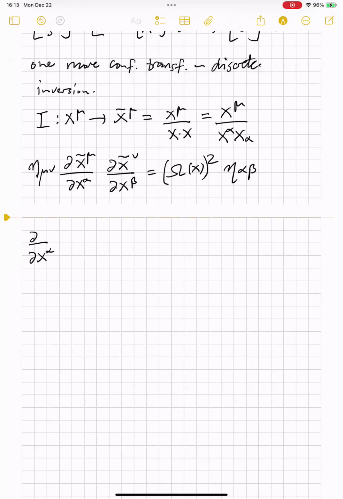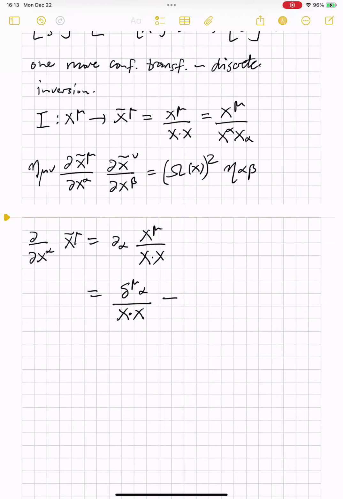Well, this is d alpha acting on x mu over x dot x. And what is this equal to? Well, the d alpha acting on the x mu gives me a delta mu alpha over the x dot x. But now I shouldn't forget that I can differentiate that 1 over x dot x.